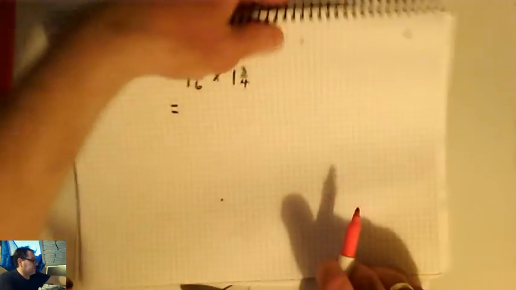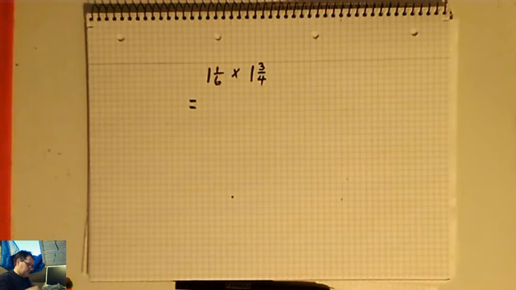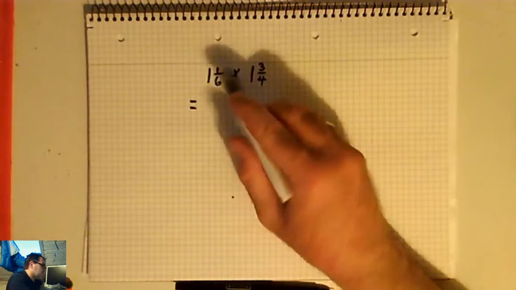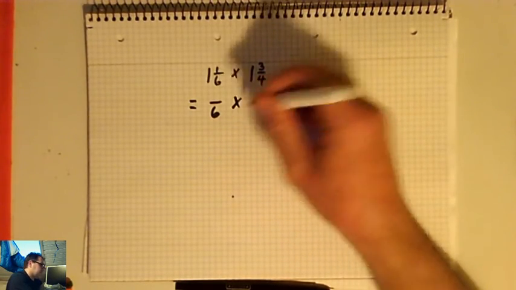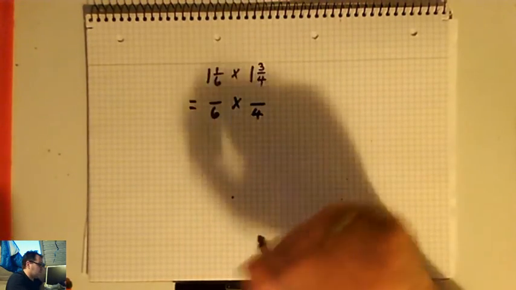And the last question, well, they're spoiling us here because they've made both numbers mixed numbers. So I go 1 and a 6th, I want to write that as a big fraction out of 6, and 1 and 3/4 I want to write as a big fraction out of 4.